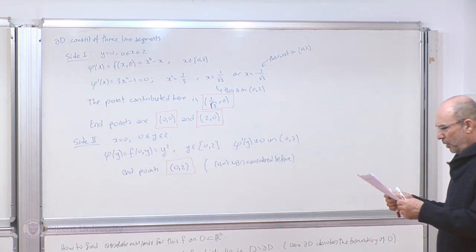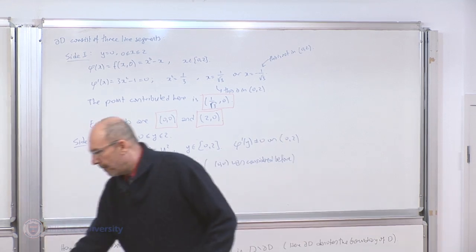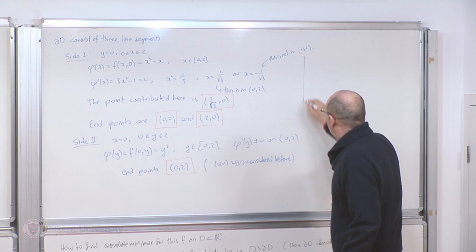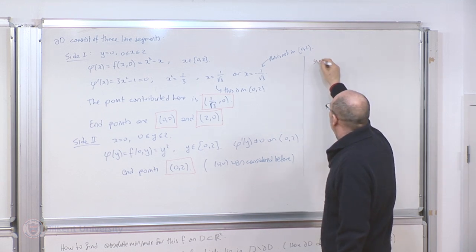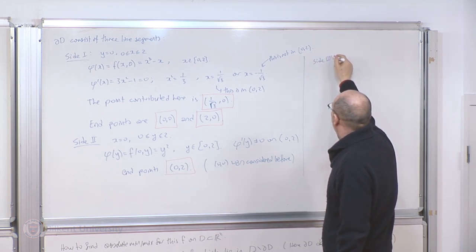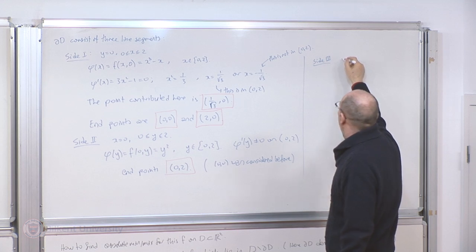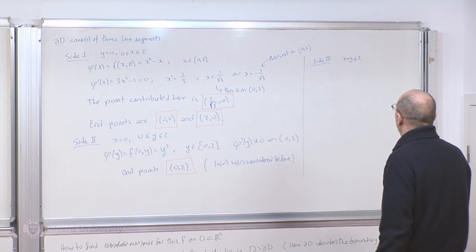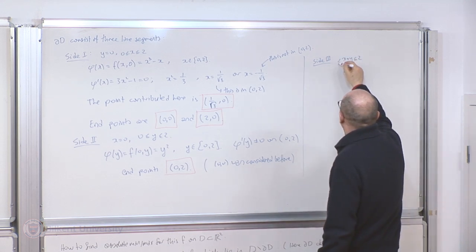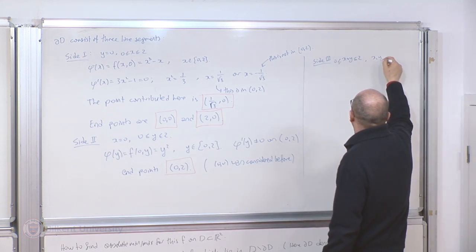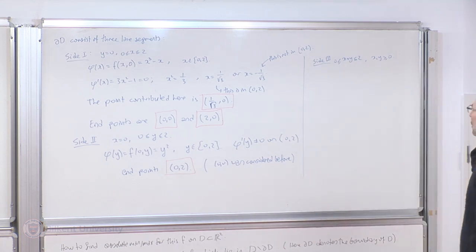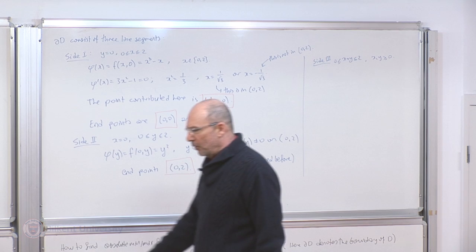So the other part, let me do that part here, psi 3. Here we have x plus y less than or equal to 2, and x and y positive. No, they are equal.